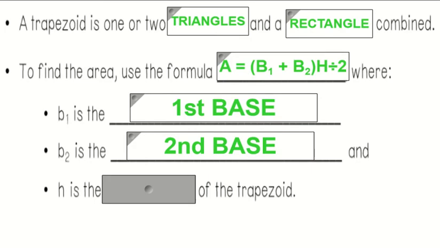Then height, obviously by now, is H. H is height. The height still has to make a 90-degree angle with the bases, okay? So just like with the parallelogram, just like with the triangle, base and height make 90-degree angles. Any questions on that?